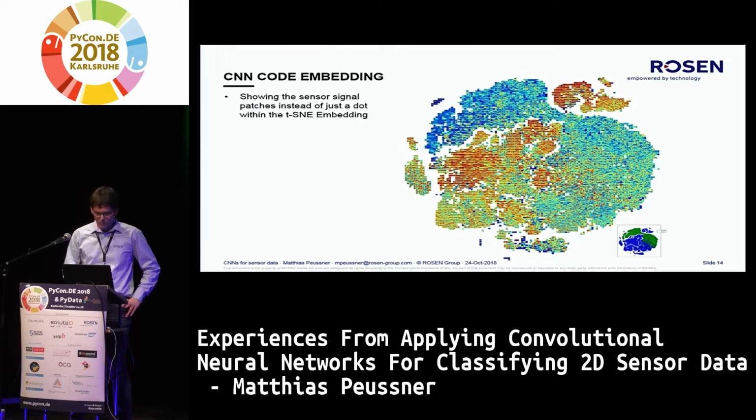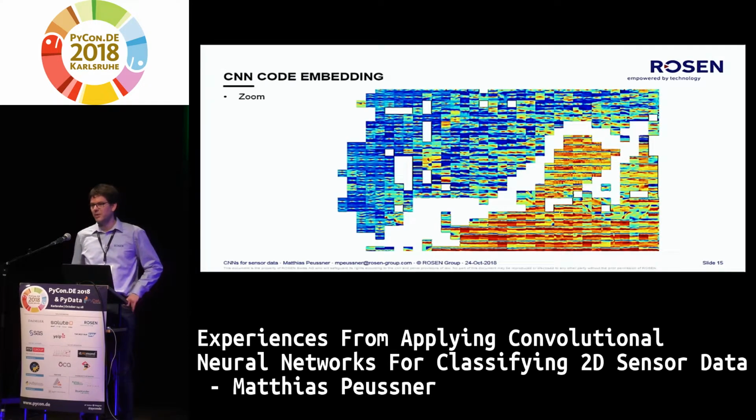If I zoom in here at this point where we have the deep and no defects, then you can see the typical pattern of the defects. On the left here you see the deepest defects, or let's say the sensor data from the defects, and over here you see no defects.